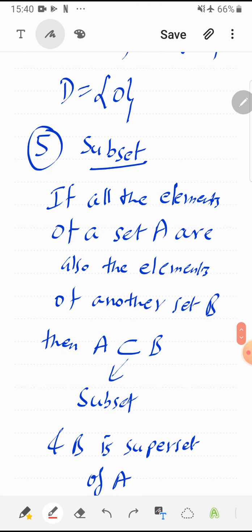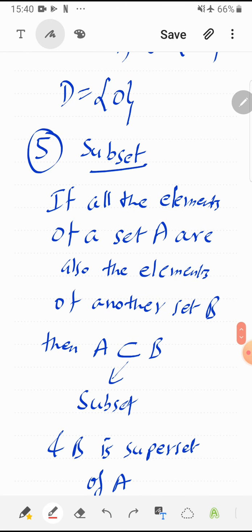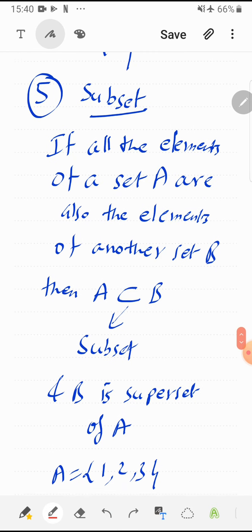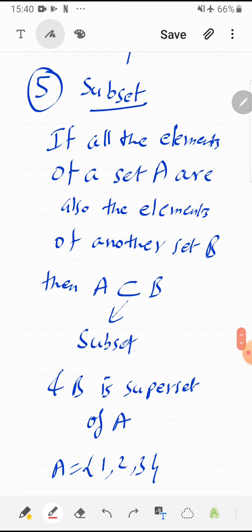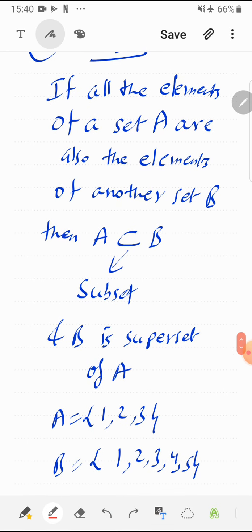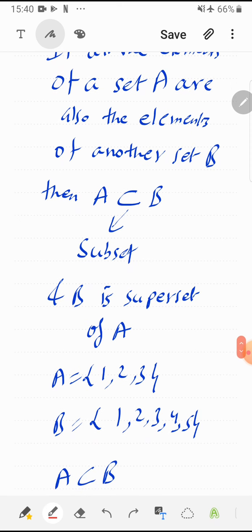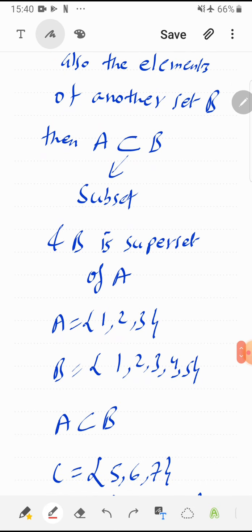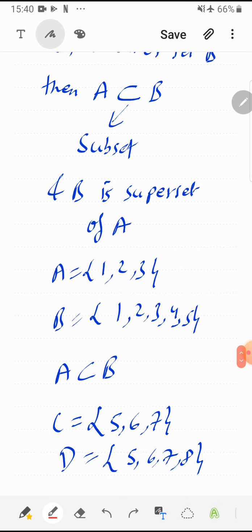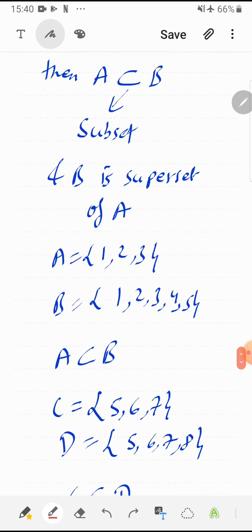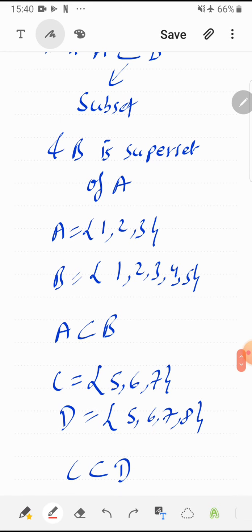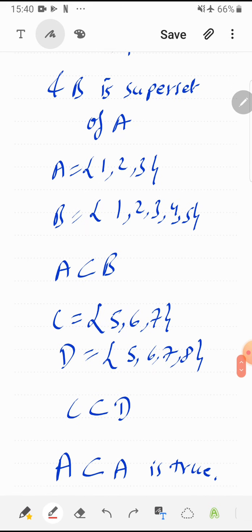Now if A is a subset of B, that means B is a superset of A. It is one and the same thing. Suppose set A is {1, 2, 3} and set B is {1, 2, 3, 4, 5}. That means A is a subset of B. Similarly, set C is {5, 6, 7} and set D is {5, 6, 7, 8}. Then we can write C subset D.